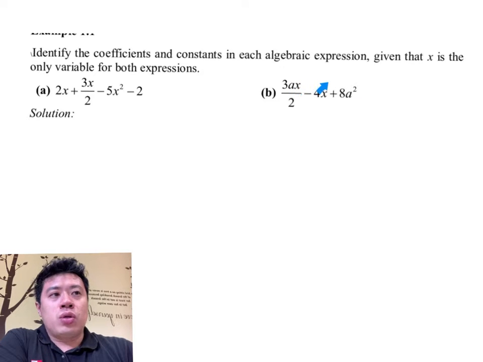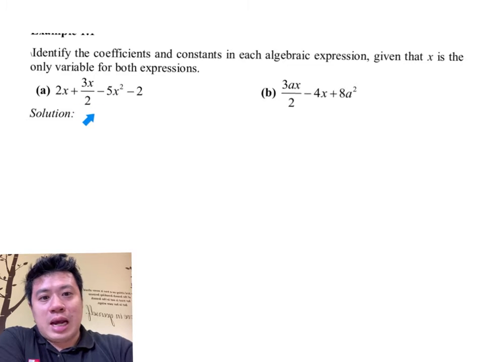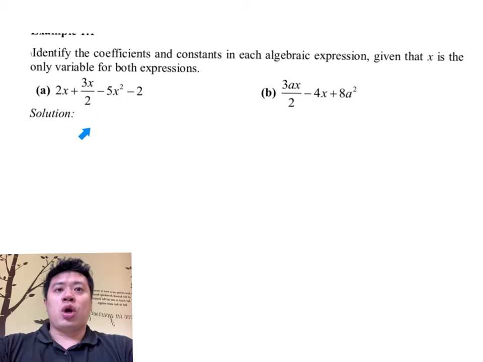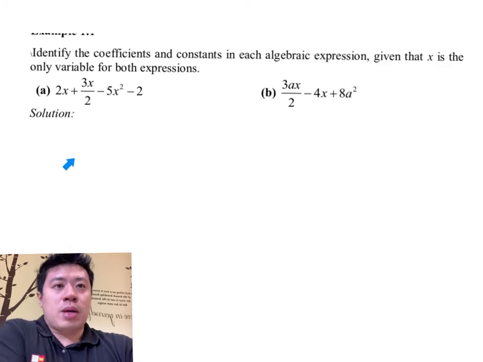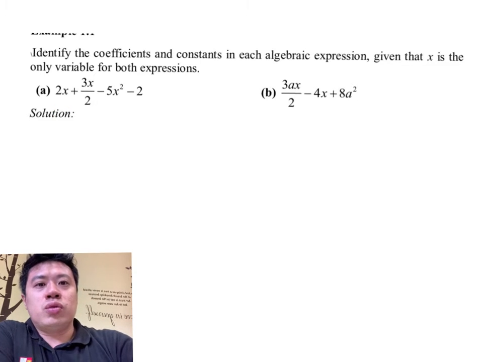So for here, we are supposed to identify the coefficient. Now you remember, coefficients are the numbers that accompany your variables. So they are the constants or the numbers just beside your variables. For example, if we look at 2x, the coefficient of x will be none other than 2.